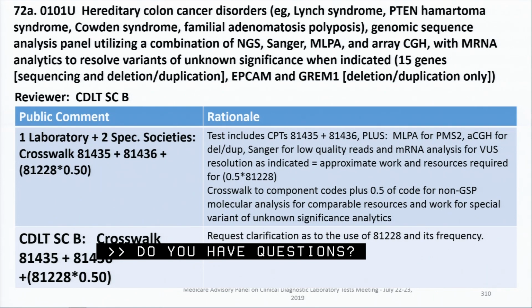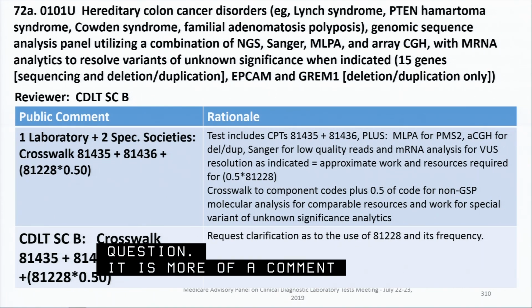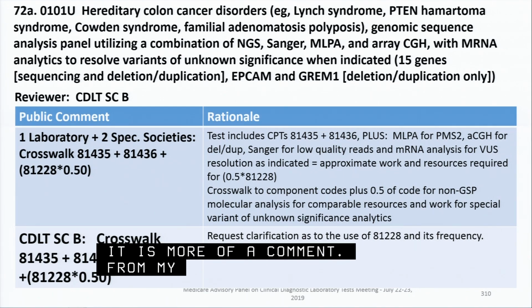I don't know that this is necessarily a question. It's more of a comment, and I'd like to hear maybe my colleagues' opinions. From my perspective, what makes this description and code unique is the addition of the mRNA analytics when an uncertain variant is detected.